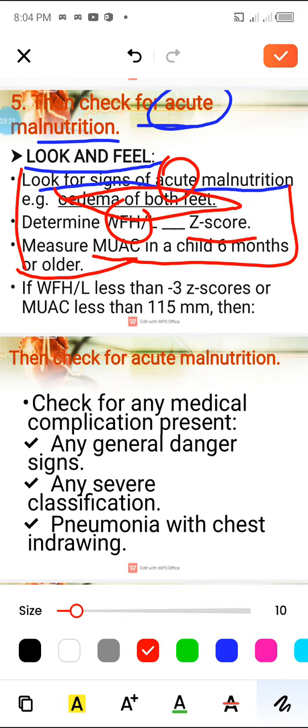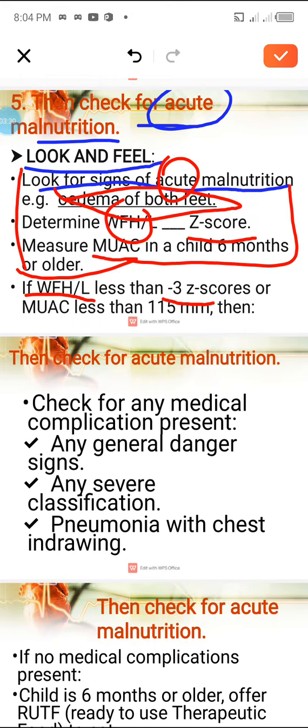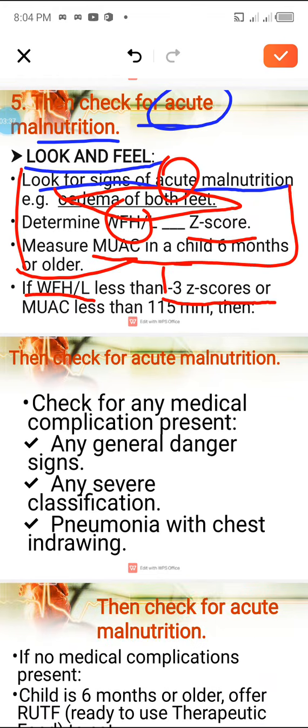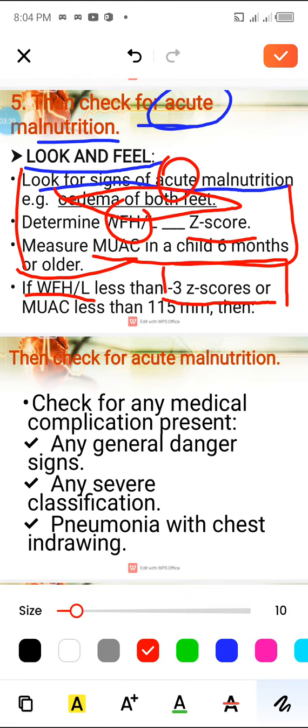Weight for height or length: what should be the determinant? It has to be less than -3 Z score. I will show you the Z score, or you have seen it on that under 5 card. Obviously it's there on your under 5 card.